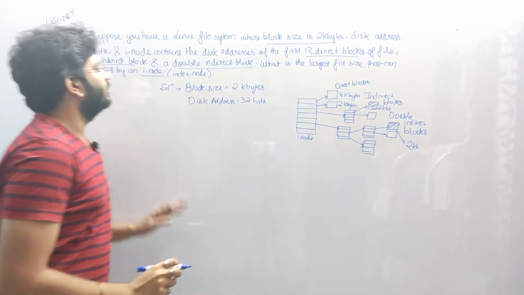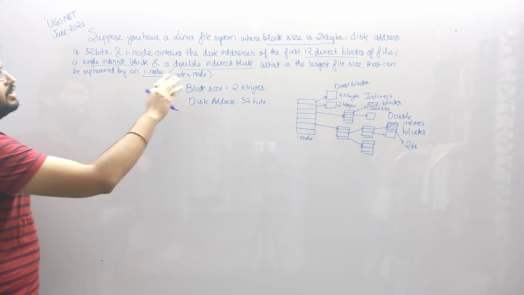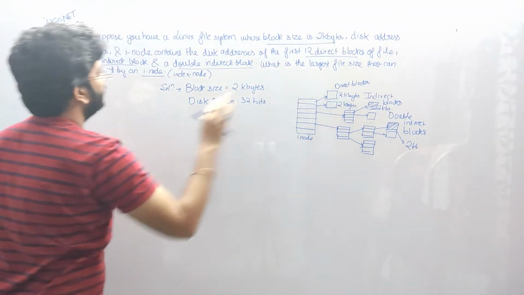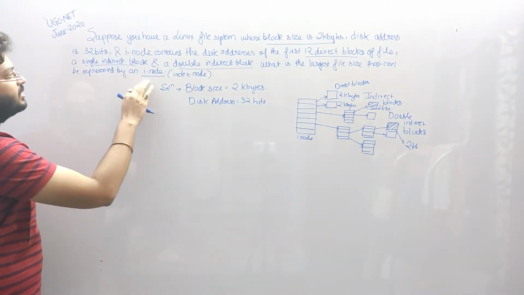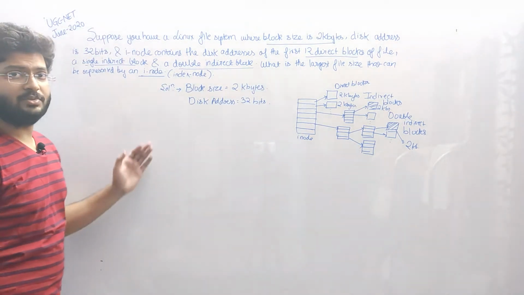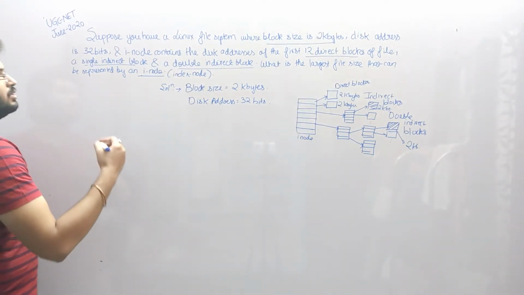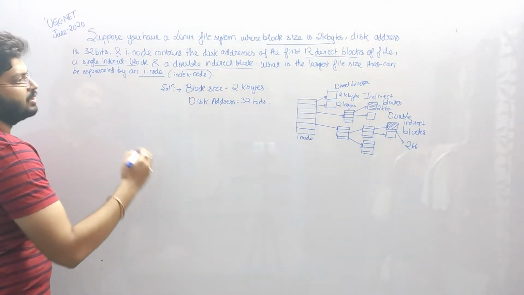Okay. Now let me find out. So it has asked what is the largest file size that can be represented by an inode. Okay, it has been asked here what is the largest file size that can be represented by an inode. So how will we find it out now?